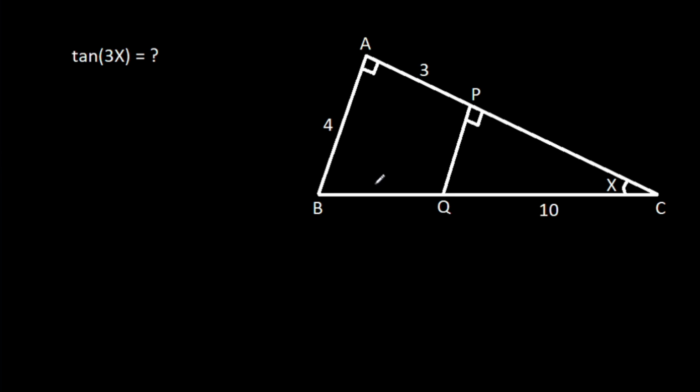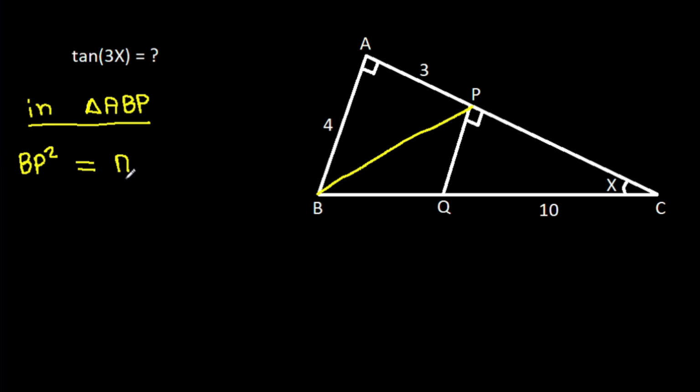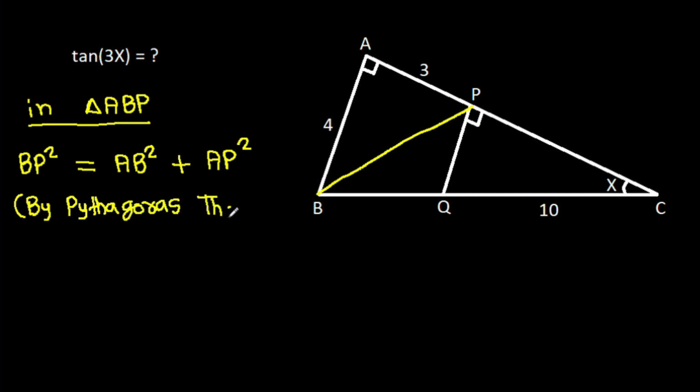So if we join BP, then in triangle ABP, BP square will be AB square plus AP square by Pythagoras theorem.